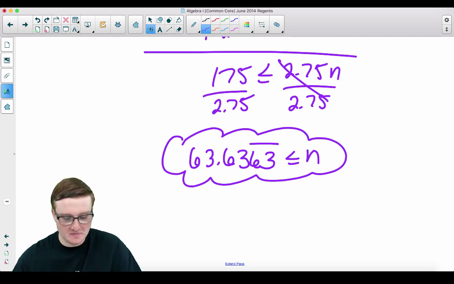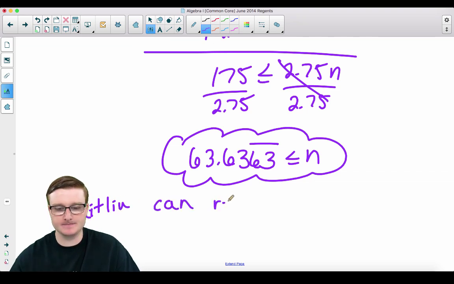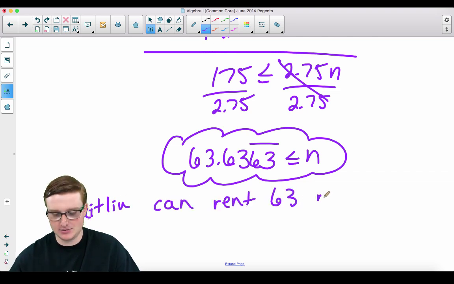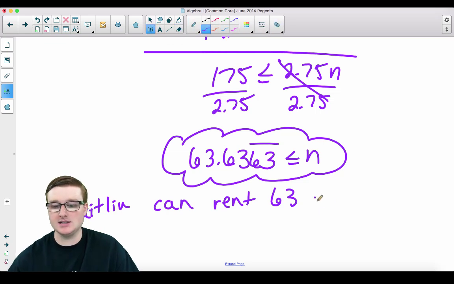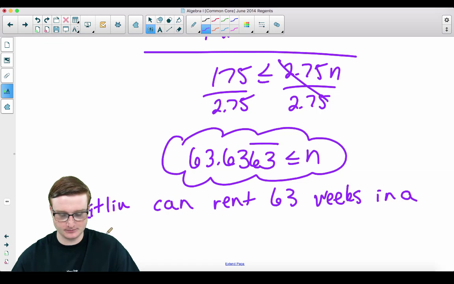So Caitlin can rent 63 weeks in a row. That's a lot of weeks.